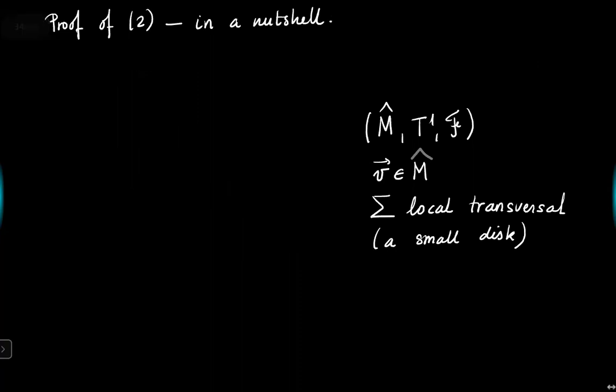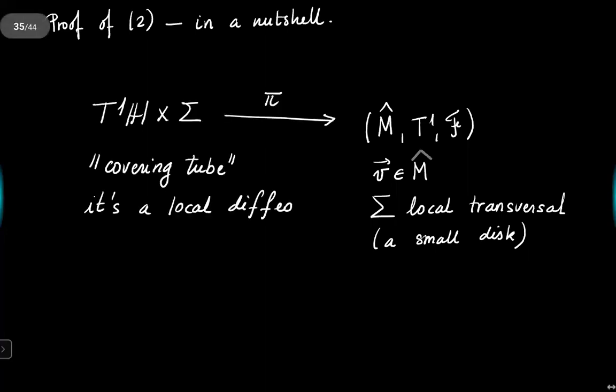So we started with the manifold M hat with the foliation T1 of F. If you take a point V in this space and a local transversal, a small transverse disk to V, you can construct a covering tube. This is something of the form T1 of H times sigma, which is surjective.